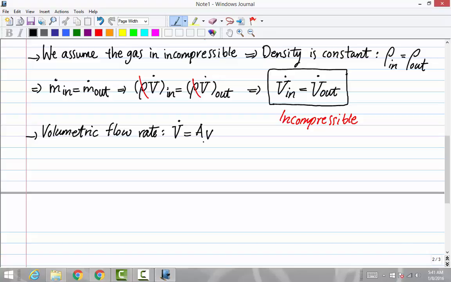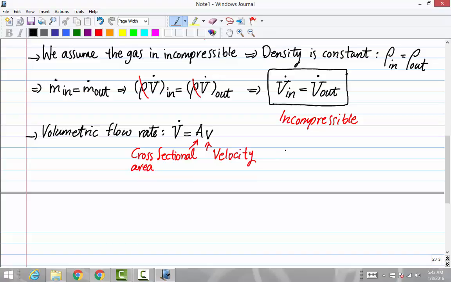V dot equals A times V. That V is velocity and A is cross-sectional area. So the velocity of the gas times the cross-sectional area in front of it gives us the volume of the matter that is passing through our system.